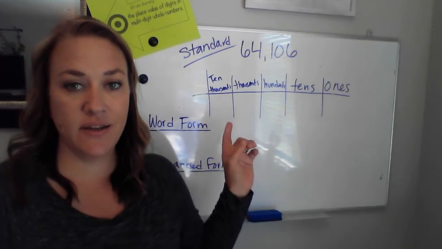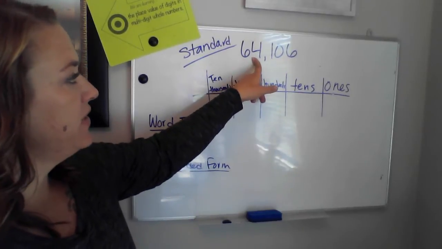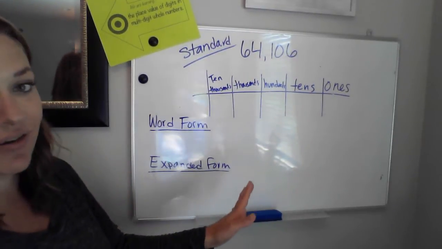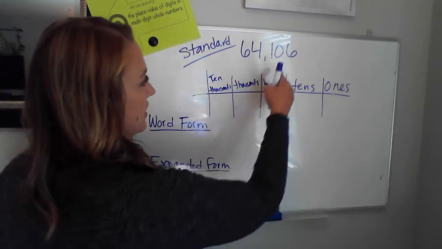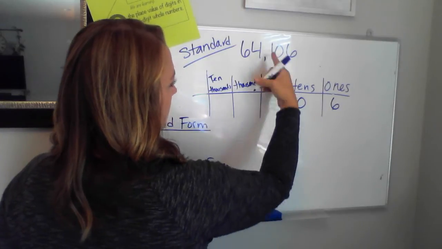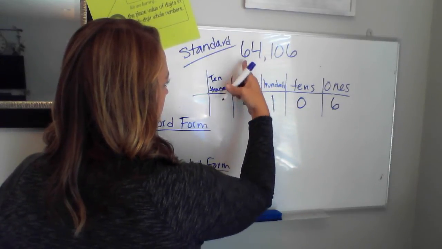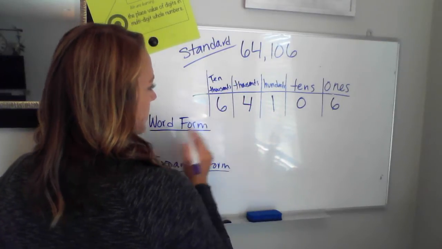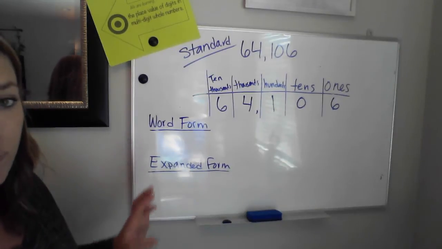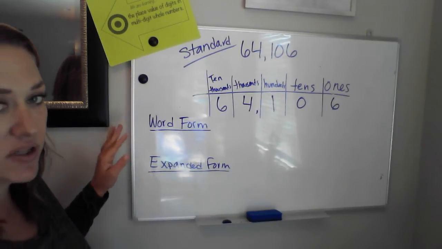Okay, so we have 64,106. We're going to place that correctly on our place value chart. I have 6 1s. I don't have any 10s. I have 100, 4,000s, and 6 10,000s. Okay, so now let's write that in word form, only using words, no numbers.